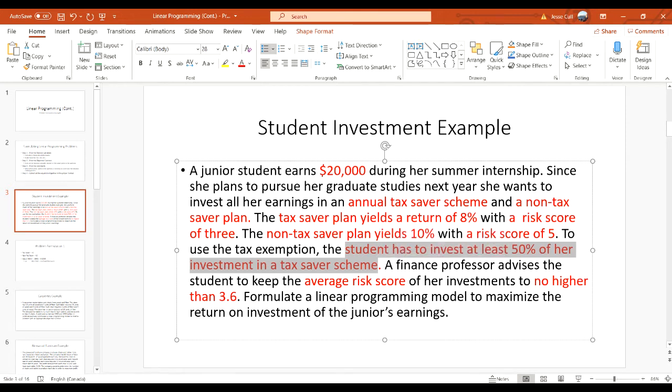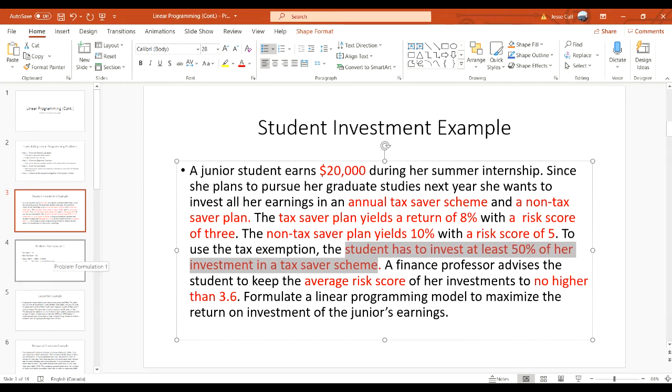But for simplicity's sake, we're going to make it easy. How much does the student have to invest? The student has $20,000 to invest. What is 50% of $20,000? $10,000. They cannot invest less than $10,000 in the tax saver scheme.